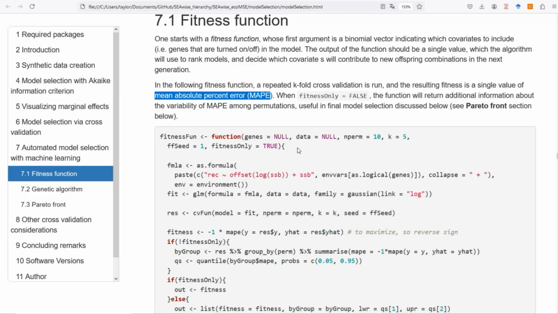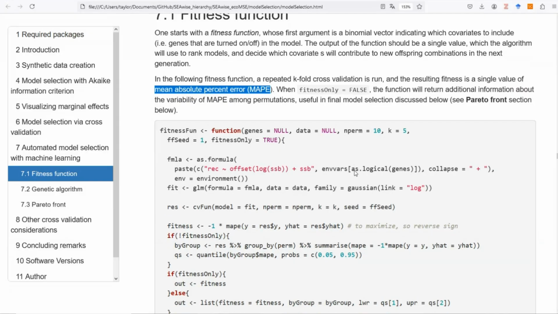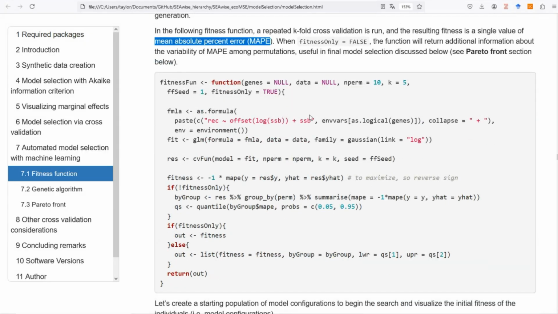Depending on how many permutations I have, you're going to have several estimates for each row. Later on, I'll be interested in the variability between those permutations. You can turn this to false to get a little bit more information, but when it's true, which is the default, it's just going to spit out that single value as the output.